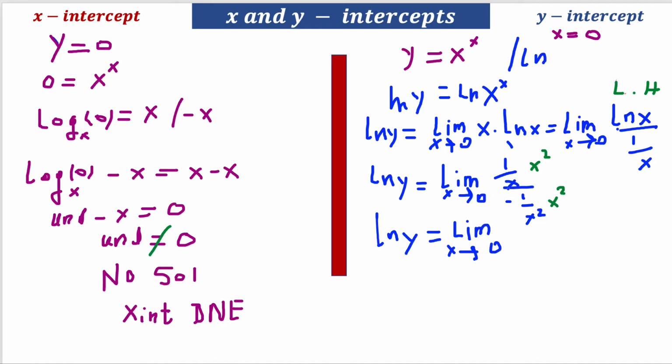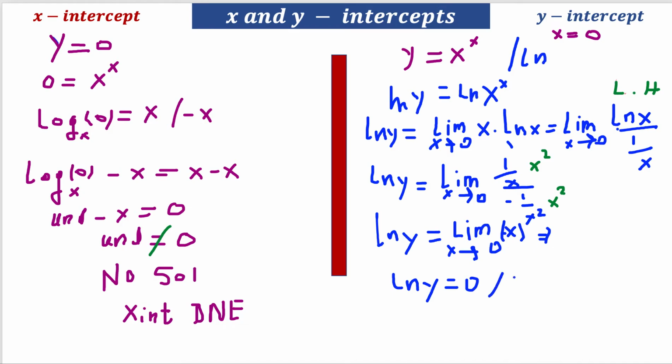X squared divided by x is just x. And because it's just x, it can be negative x, it doesn't matter. Negative x. But if we are plugging in 0, then it implies ln y is equal to 0.